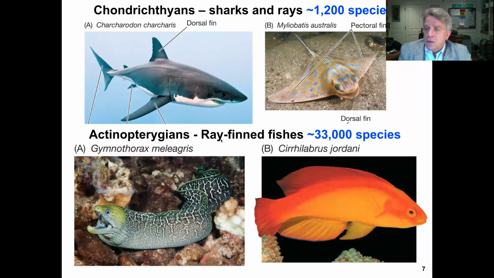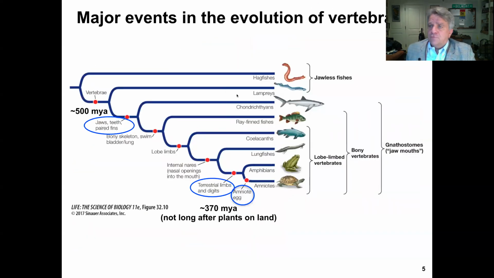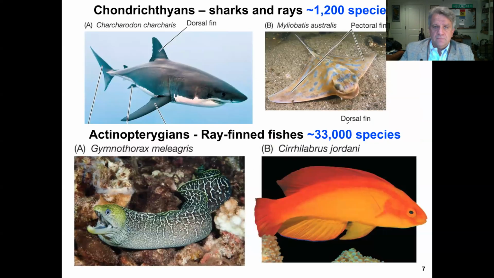Now, there are two lineages of jawless vertebrates. They're the hagfishes and the lampreys that are still living with us today. But if this phylogeny were to include the fossil lineages, there are many other extinct lineages of jawless vertebrates. So we're going to start looking at the jawed vertebrates.